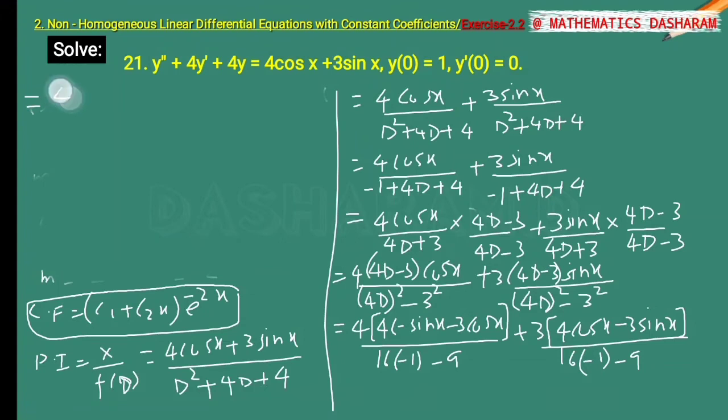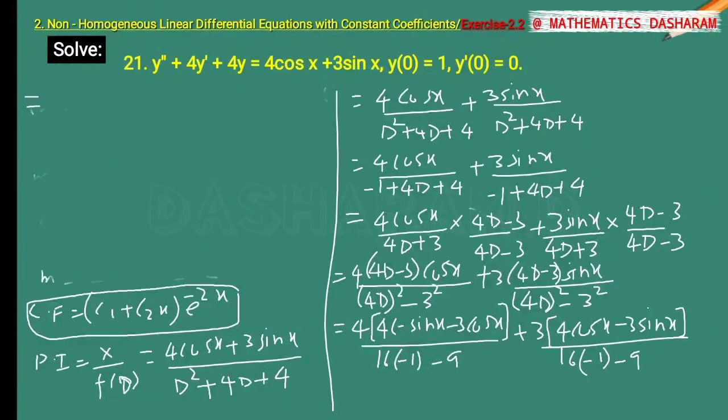So it equals 4 by 16 into minus 1 minus 16 minus 9, that is minus 25 total. And in the numerator we can take the minus common, so minus denominator minus, both are cancelled.